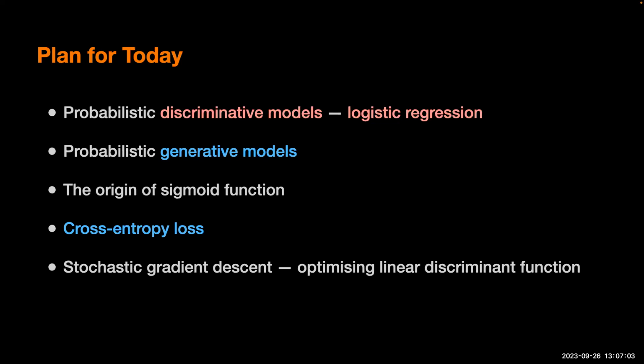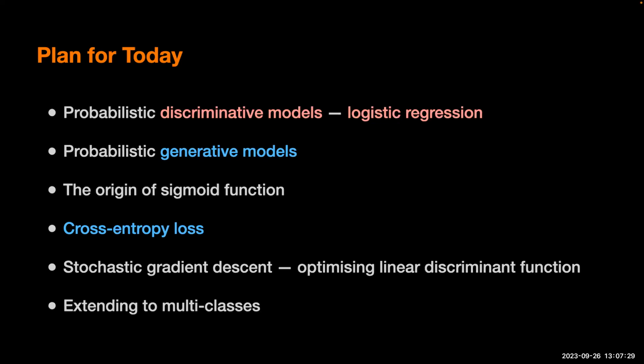But in the case of classification, because we need to introduce the tapering function, this will make the objective function non-convex, and therefore we need a numerical way to optimize the models. So we will start to introduce things like stochastic gradient descent, which will also be quite helpful when we talk about neural networks.